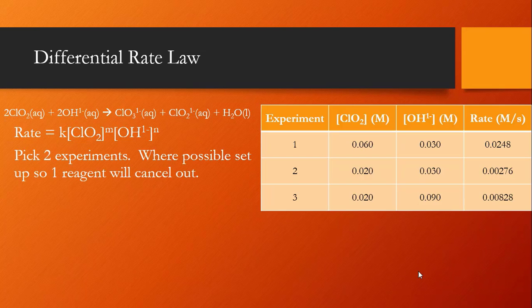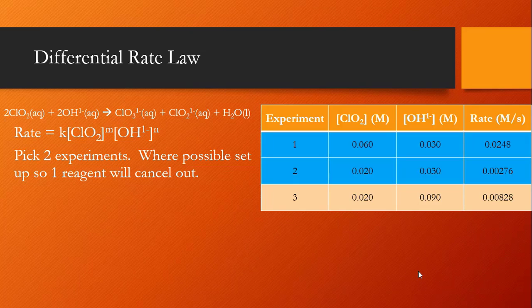Look at the experiments and pick 2 experiments. Where possible, ideally, set it up so that one reagent doesn't change in the 2 experiments. So in this case, we're going to pick the first 2 experiments because the hydroxide stays constant at 0.030 molar.